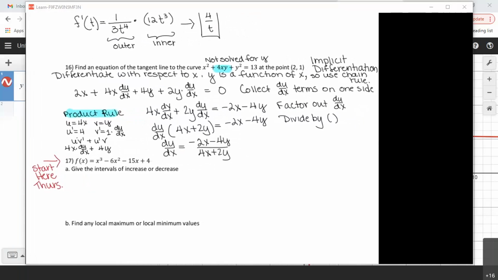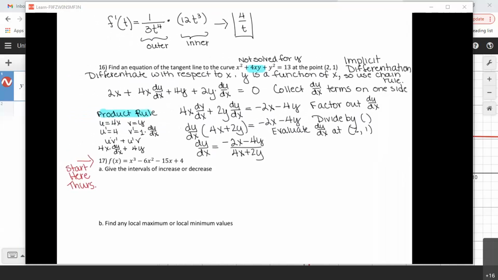But remember what they wanted me to do: come up with an equation of a tangent line. So I need to evaluate this dy dx at the point of tangency, 2 comma 1. That means x is 2 and y is 1.